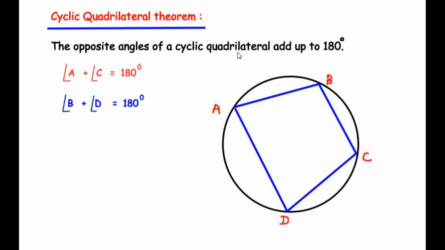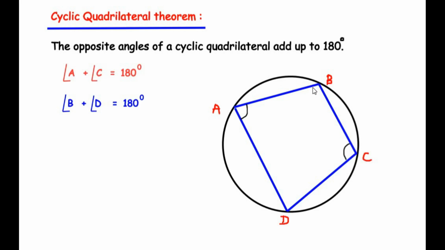And according to the statement of the theorem, the opposite angles, so for example if we consider angle A, the angle opposite to angle A is angle C, and when we add them up we are going to get 180 degrees. So we have written here angle A plus angle C is equal to 180 degrees.